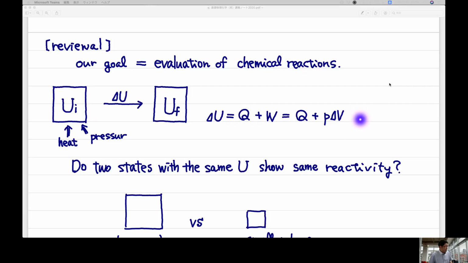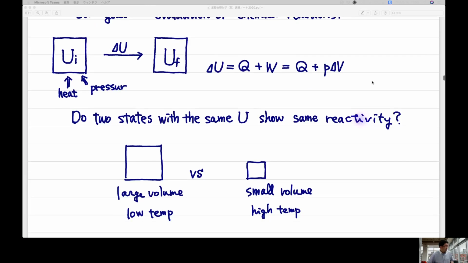But internal energy is not appropriate to describe the reactivity. Can you imagine that? Do two states with the same internal energy show the same reactivity? Large volume and low temperature one, small volume and high temperature one. All of you can understand this high temperature one should be much more reactive.